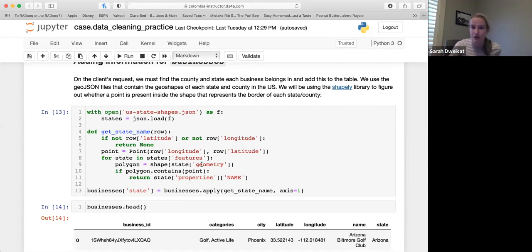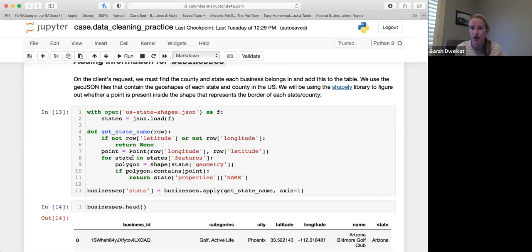Basically what we're saying is we want the geometry for each state. We were making a shape for the geometry of each state in our states data set for features. It's a little bit complex, but it's a good question. This state here, where we want to return the name that's in properties of each state, is something we defined up here.